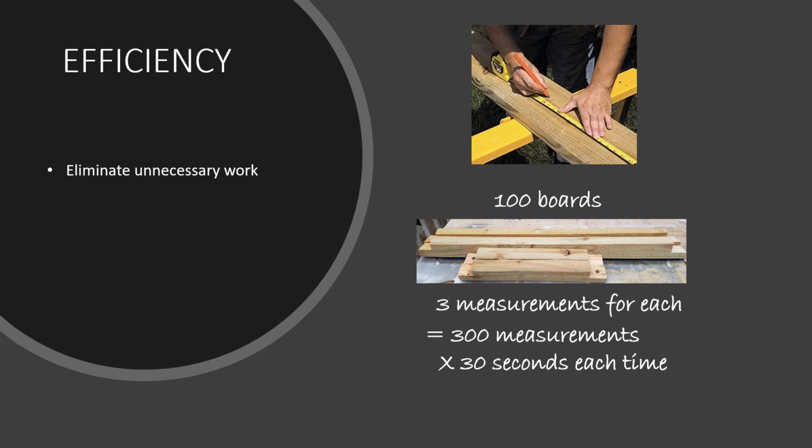If it took 30 seconds to measure each cut, that adds up to 150 minutes, or 2 hours of measuring that you could eliminate. So when there are multiple pieces to be cut the same length, you need to just measure it once, and we'll figure out how to eliminate some unnecessary time.